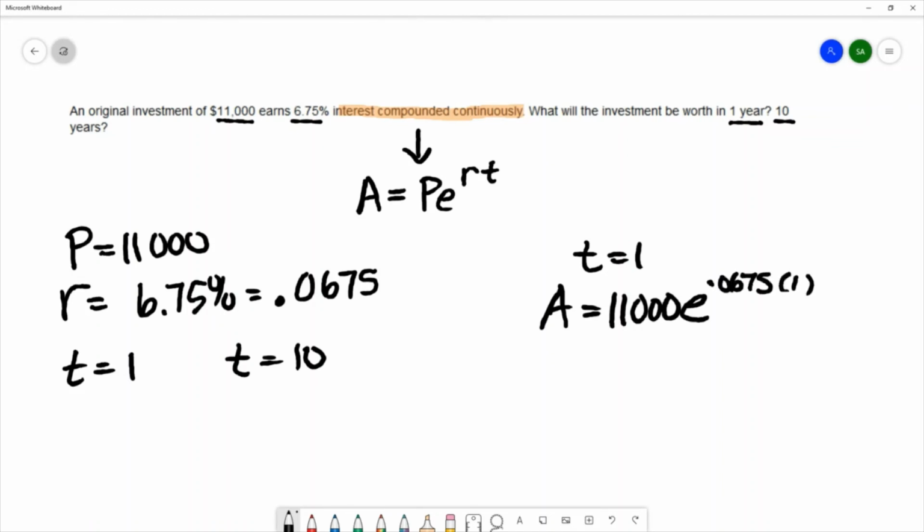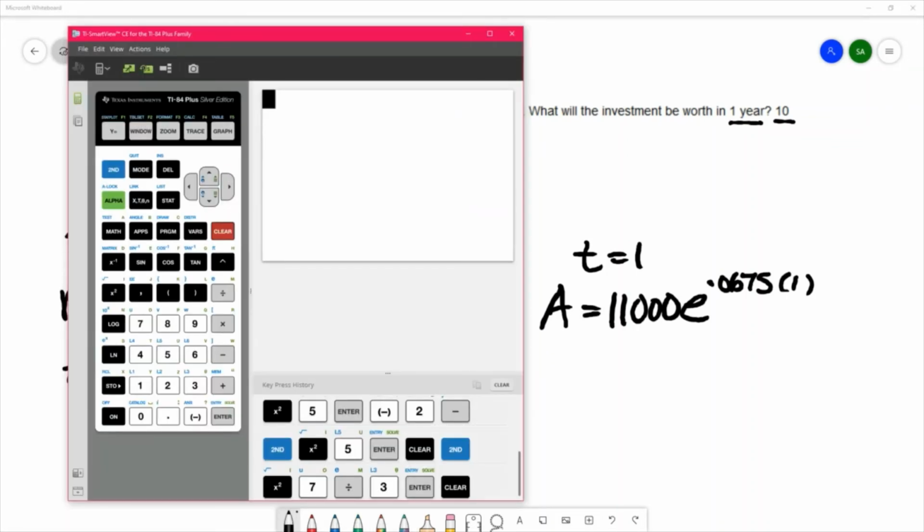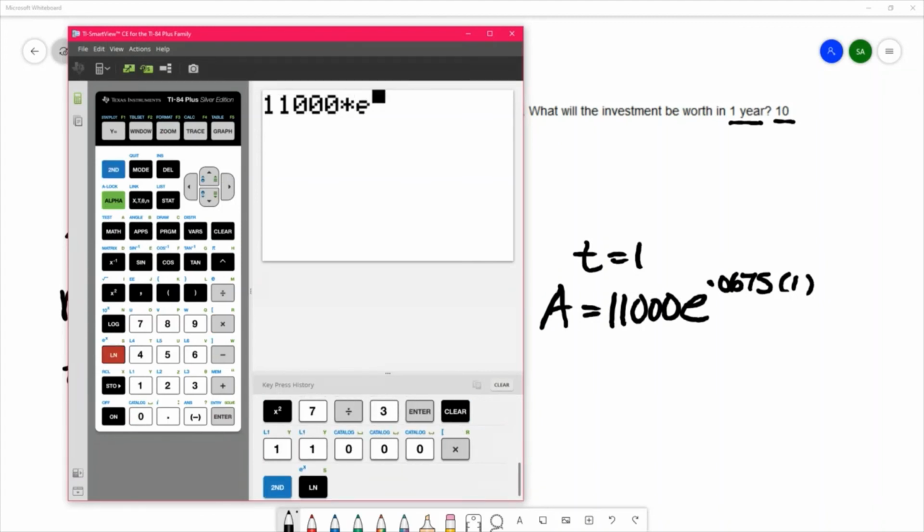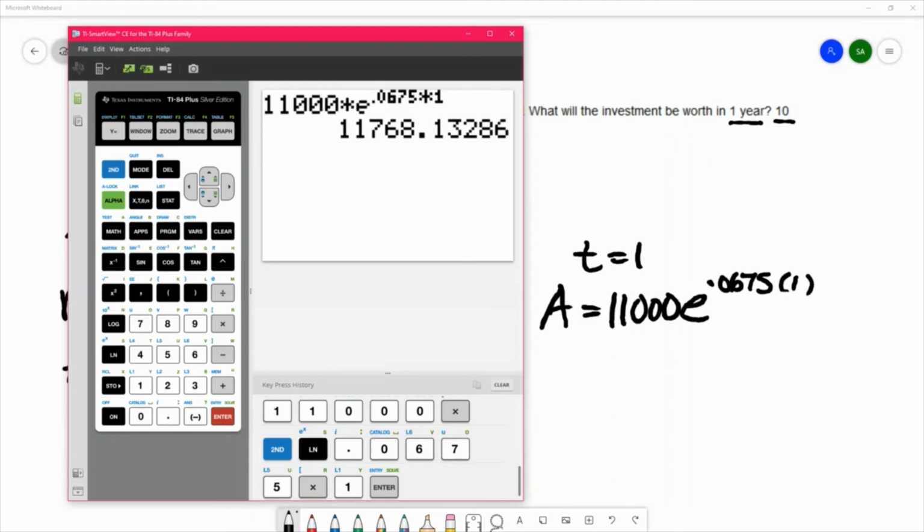I'm going to type this in my calculator. 11,000 times e to the 0.0675 times 1. So after 1 year, your account would be valued at $11,768.13.